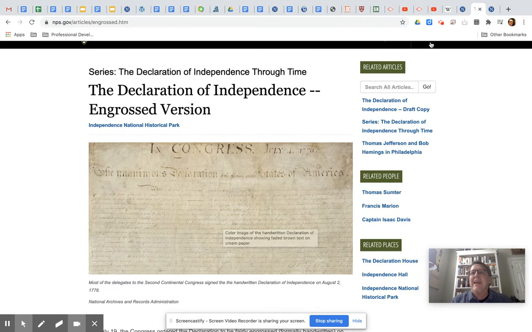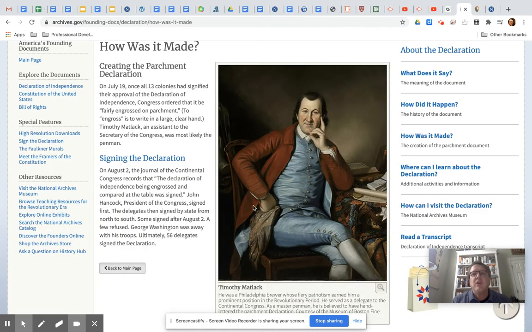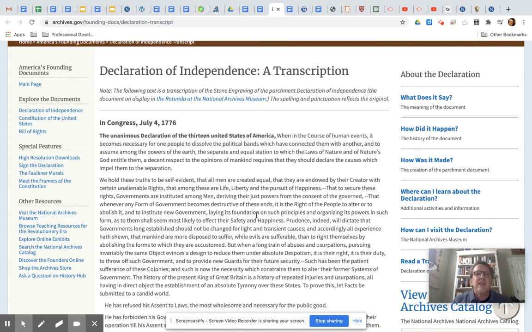And it's called the Matlack engrossment because it was written out by this fella called Timothy Matlack. And so this is the version that we tend to look at as the definitive version of the Declaration of Independence. But there were several different versions, differing in various degrees.